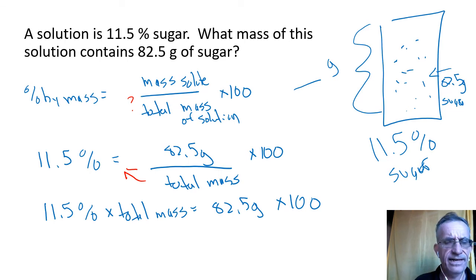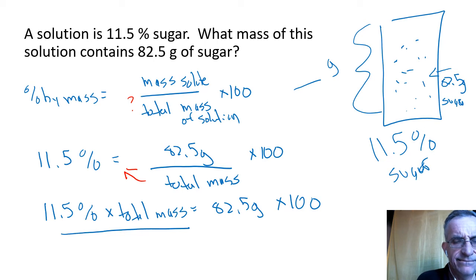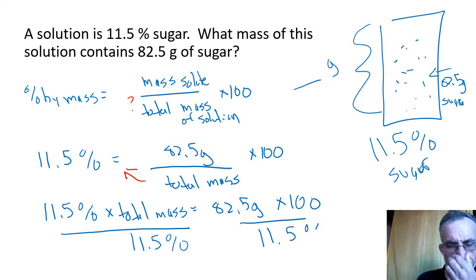So I divide by 11 and a half. Let's go ahead and do that. Because if I divide by 11 and a half, what happens on the left? Oh, the 11.5 is going to cancel out.